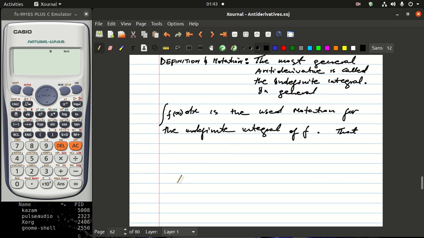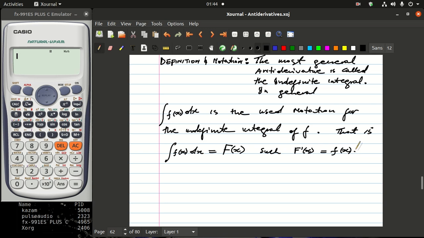So, what do I want to write here? This elongated s, f of x dx, is the same as just the most general antiderivative of f, such that if I take the derivative with respect to x of this, I am going to get this function here, which is f of x.